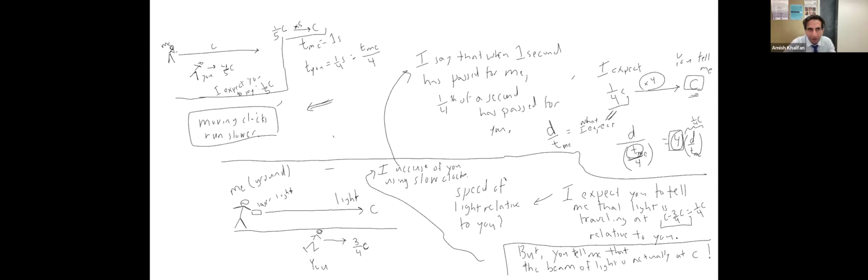So this observation suggests that the faster a clock is moving through space, and I don't necessarily mean outer space, just anywhere in the universe, the slower time will tick.